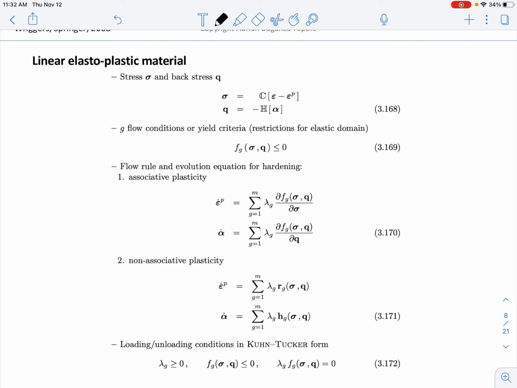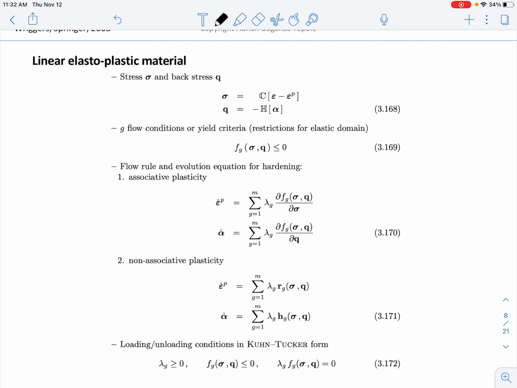So the direction of the plastic flow is directly given by the derivative of the yield condition with respect to the stress, and the hardening parameters are directly determined by the derivative of the yield condition with respect to the back stress. That's for the associative plasticity.